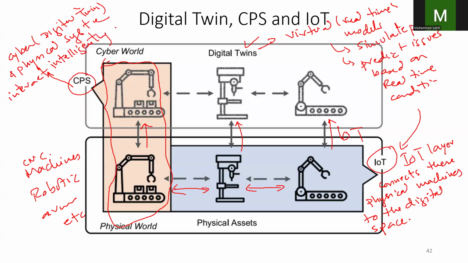This is the foundation of smart factories, which combines automation, analytics, and feedback loops. So in summary, IoT is connecting the physical to the digital world. Digital twins provide the real-time virtual representation, and CPS integrates both for autonomous and optimized control.